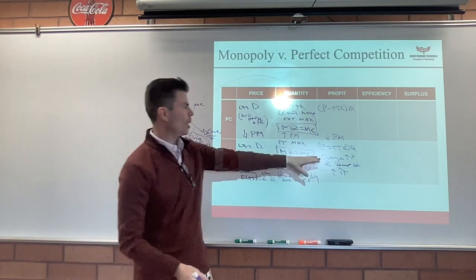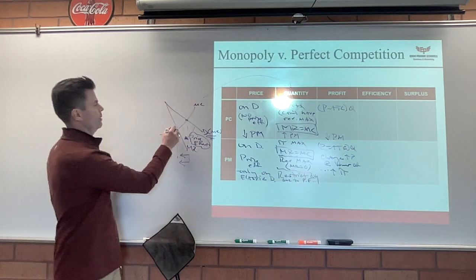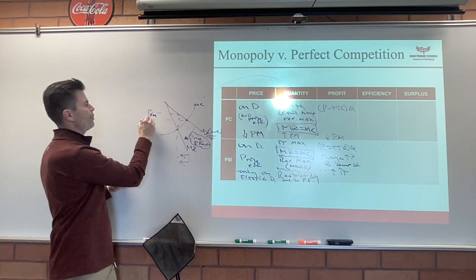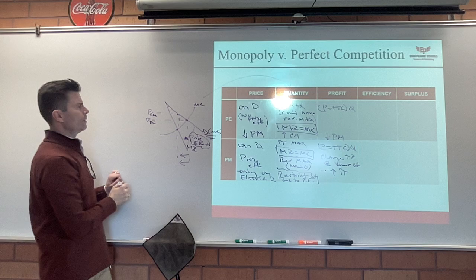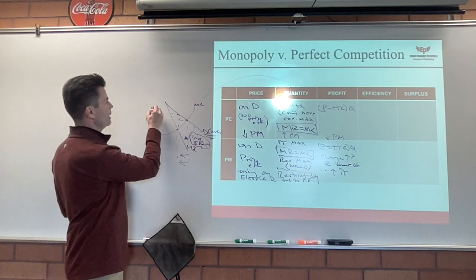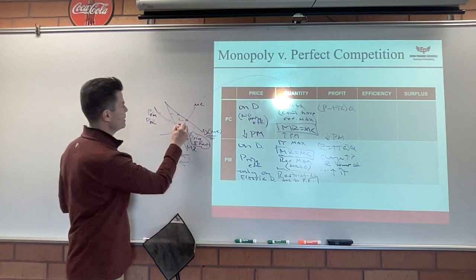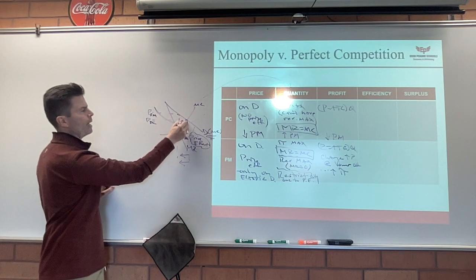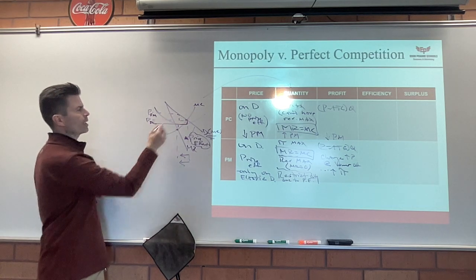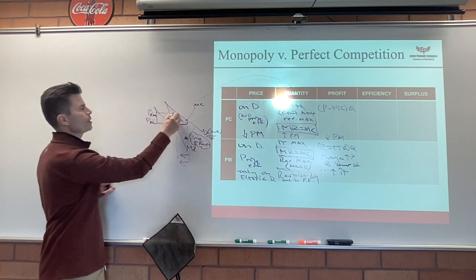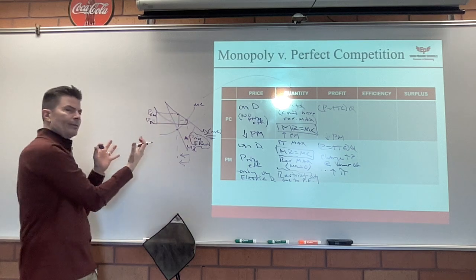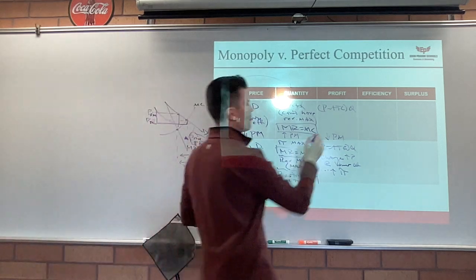We can charge a higher price up here as compared to perfect competition. If I add in an ATC here, here's my profit for perfect competition, but this is the profit for pure monopoly. So the profit ends up being larger because we're restricting that quantity and we can charge higher prices.